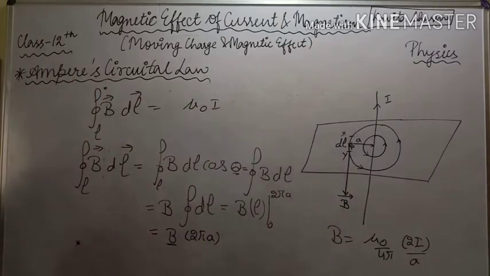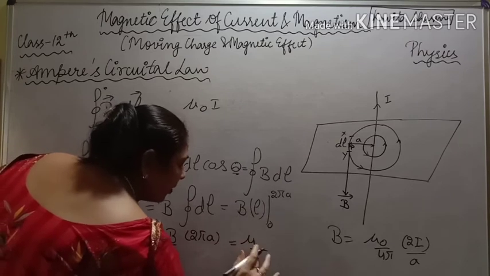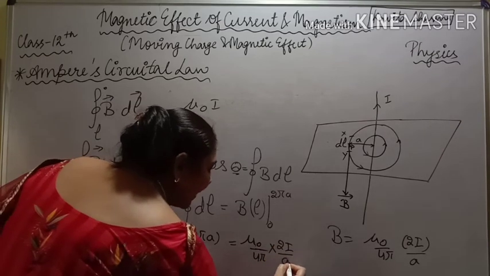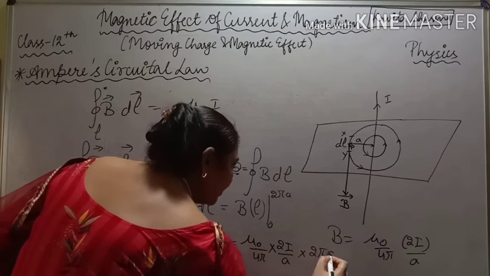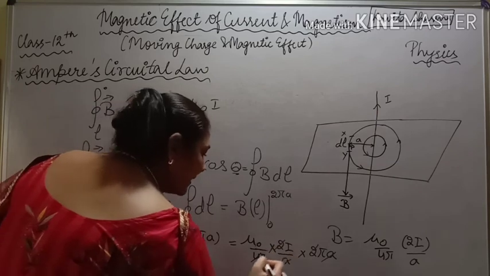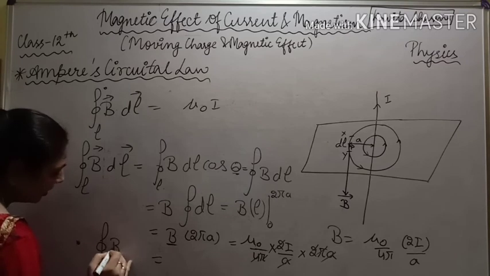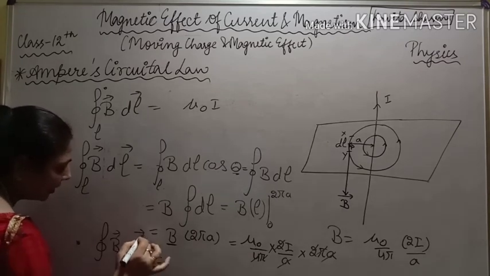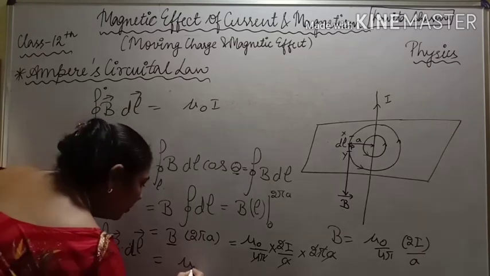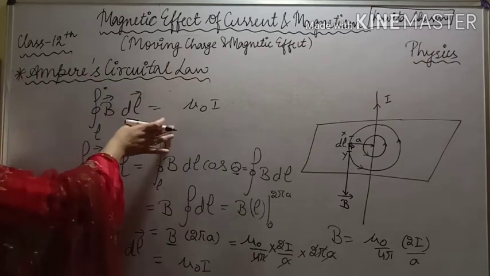Put this value in this equation, then it becomes mu naught upon 4 pi into 2I by a into 2 pi a. a and a cancel, 4 and 4 cancel, pi and pi cancel, so the line integral of B dot dl is equal to mu naught I.